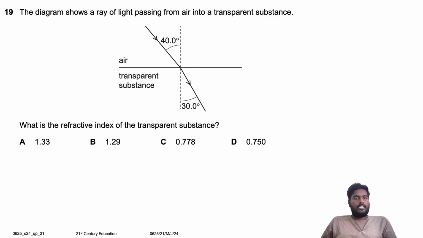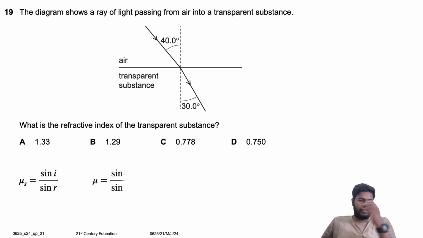The diagram shows a ray of light passing from air to a transparent substance. What is the refractive index of the transparent substance? We know that refractive index is sine of the incident angle divided by sine of the refracted angle. So sin i by sin r.